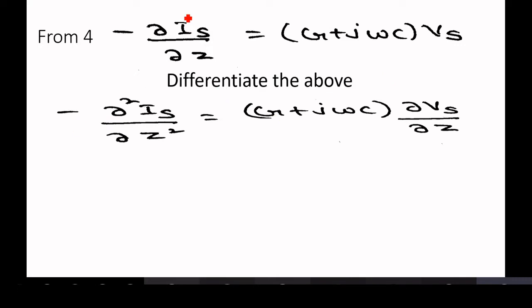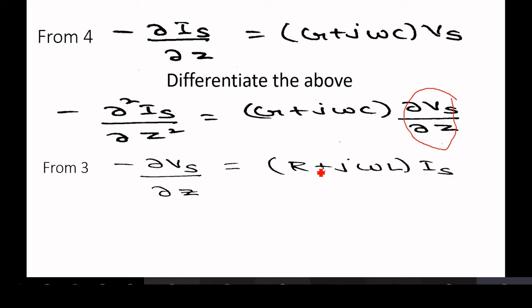So minus dou square Is by dou Z square is equal to Z plus j omega C into dou Vs by dou Z. Now this we know, so substitute in terms of dou Vs by dou Z. From equation 3, minus dou Vs by dou Z is nothing but R plus j omega L into Is.